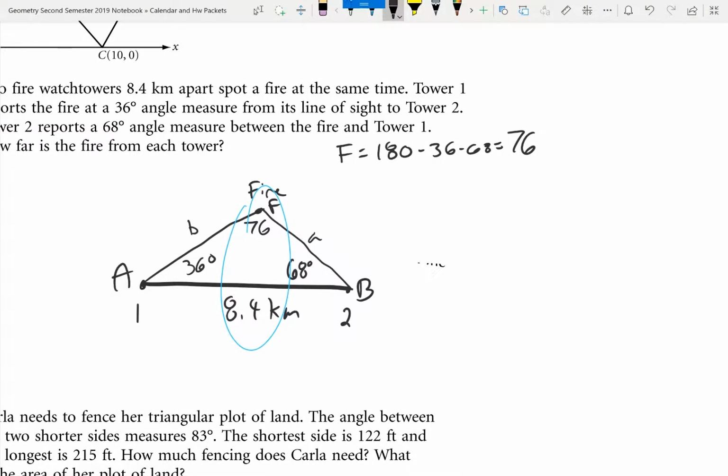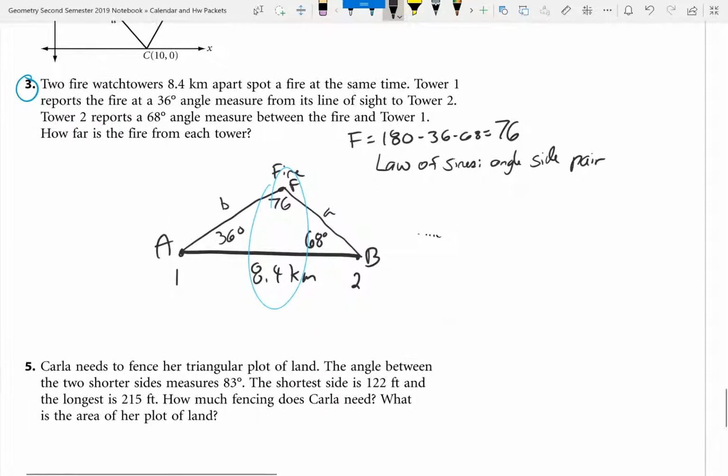So we're going to do law of sines for that one. Let's go ahead and set that up.